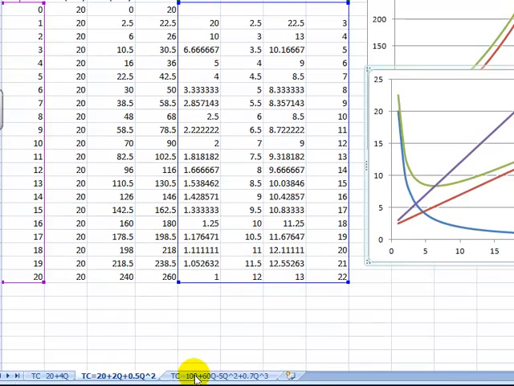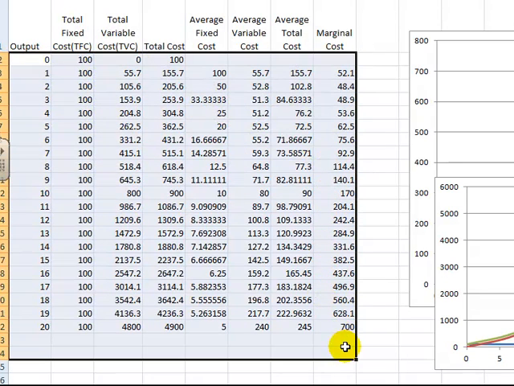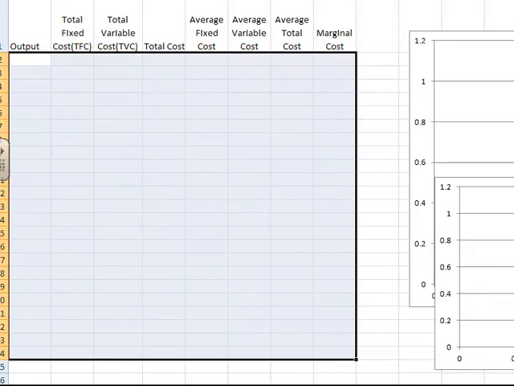Okay, the last one is the total cost equal to 100 plus 60q minus 5q squared plus 0.7q cubed. Okay, let me delete this part.